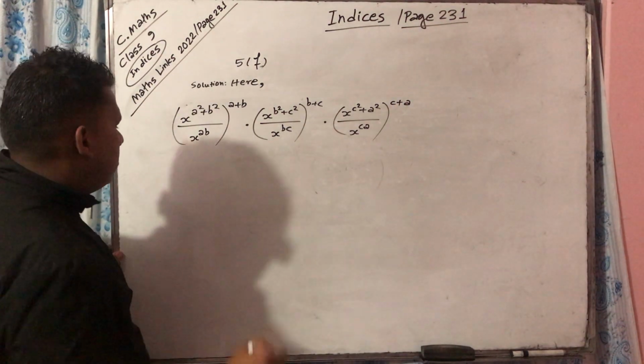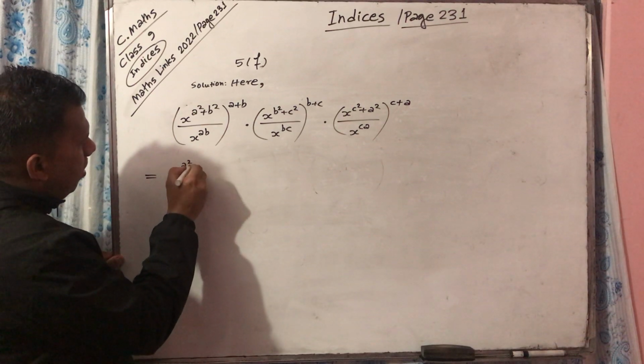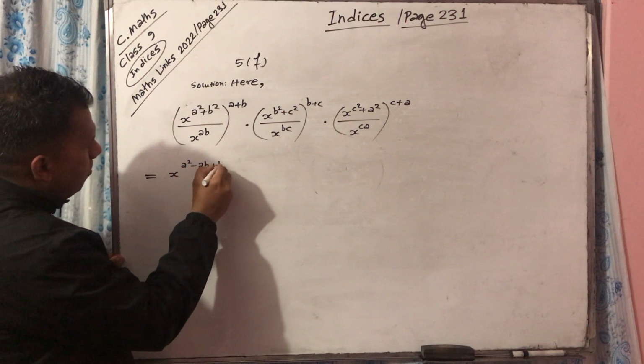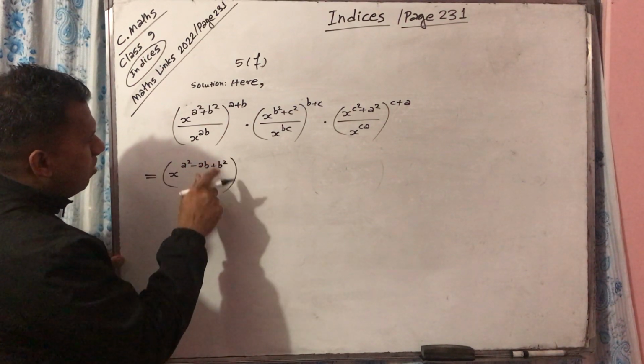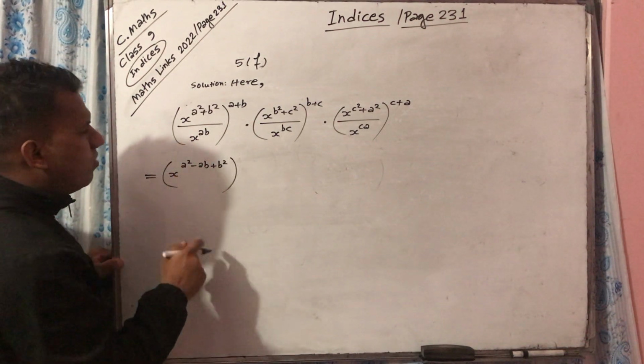Now this is equal to x to the power a square minus ab plus b square. This ab power moving up, the sign changes, it becomes negative.